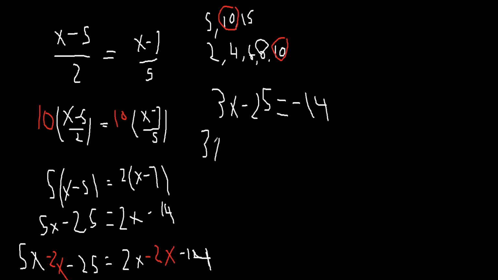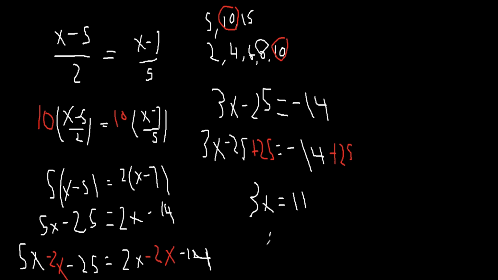So it's 3x minus 25 plus 25 equals negative 14 plus 25. 3x therefore equals negative 14 plus 25, and that is 11. So x equals 11 over 3.